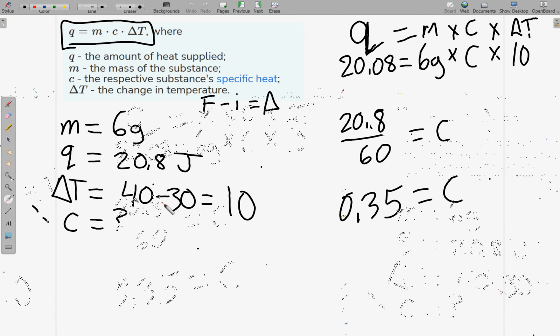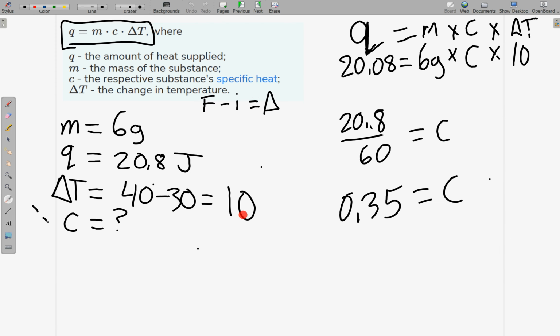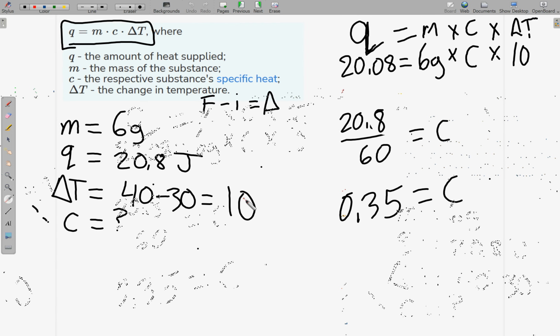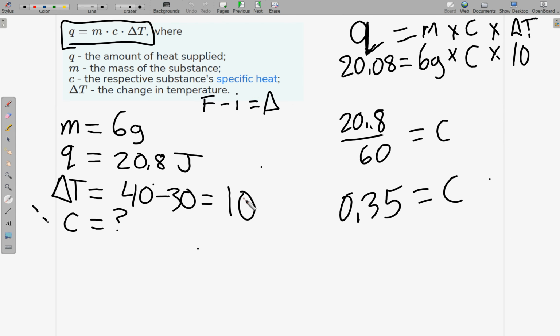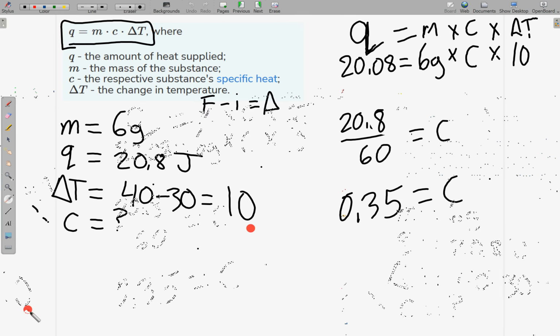We're warming it up. We're heating it. So we have a positive change in temperature. If instead we were measuring the change in temperature of something we put in the freezer, the temperature would be going down and we would have a negative number here, indicating that we lost energy.